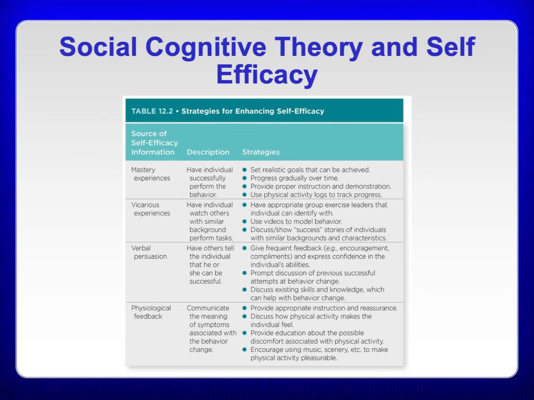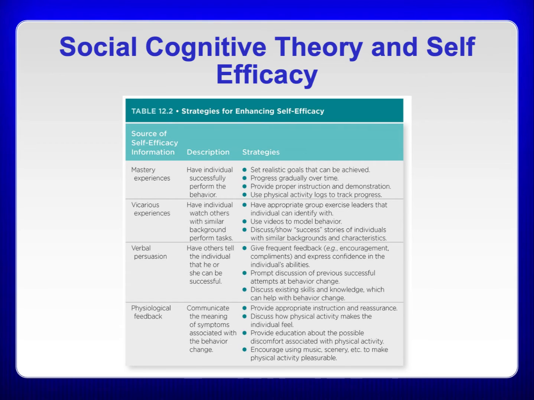Verbal persuasion: have others tell the individual that he or she can be successful, so essentially be upbeat and positive. And then physiologic feedback, to communicate the meaning of different signs or symptoms associated with the behavior, the movement pattern. This is how it should feel. If you do this, then see how it feels different. Things like that.